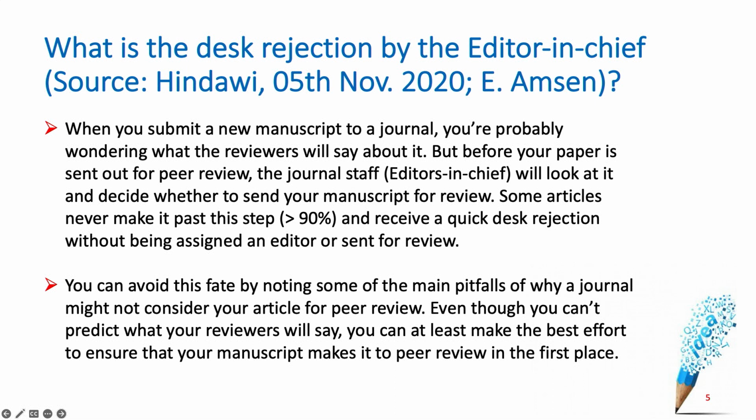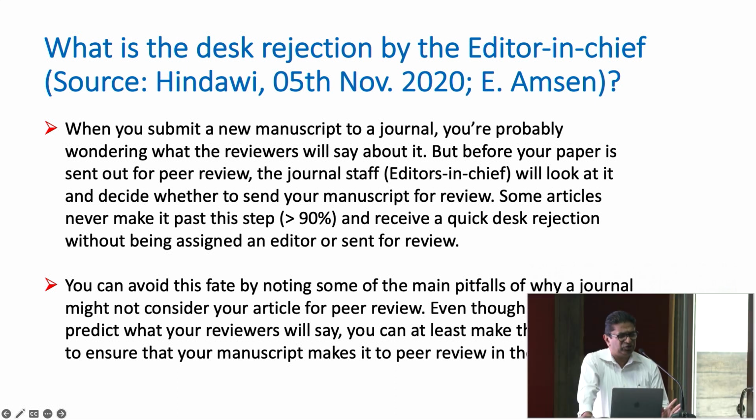If you can understand, looking at what you have written, there is room for you to improve yourself, and the next time you are going to do much better than what you have done earlier. Even though you can't predict what your reviewers will say, you can at least make the best effort to ensure that your manuscript makes it to peer review in the first place. So that is what you should do.